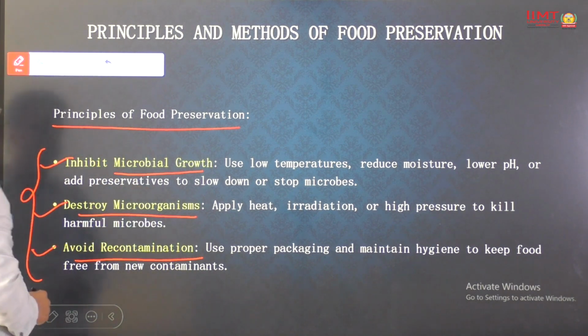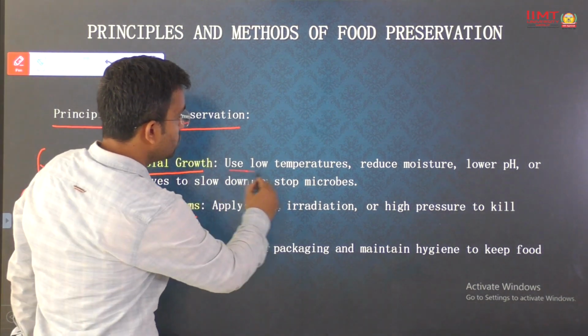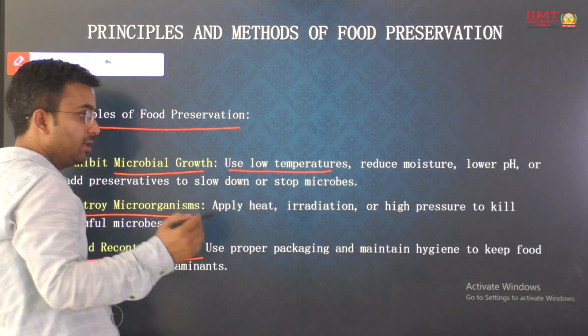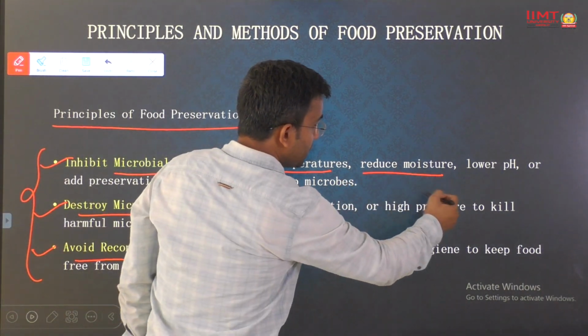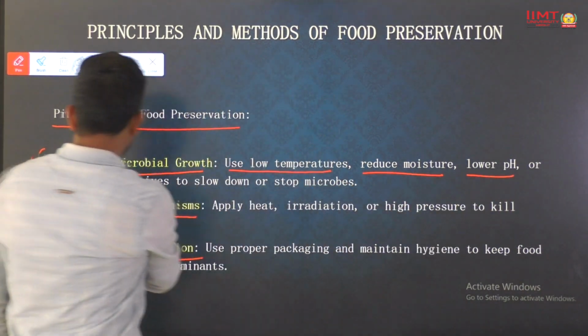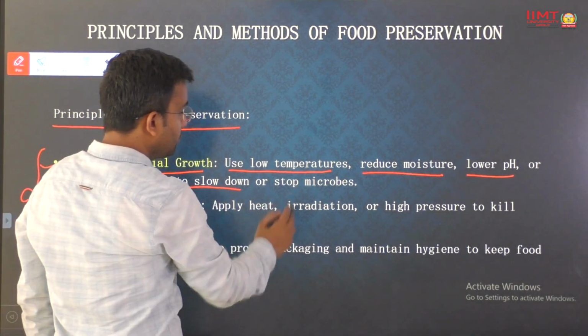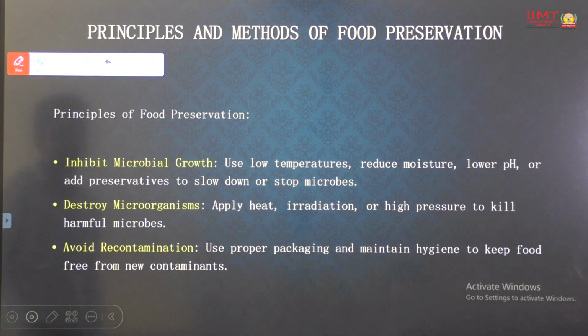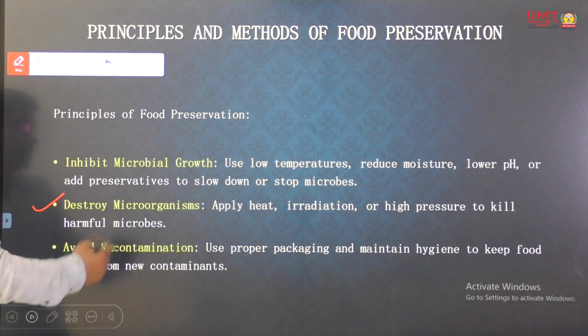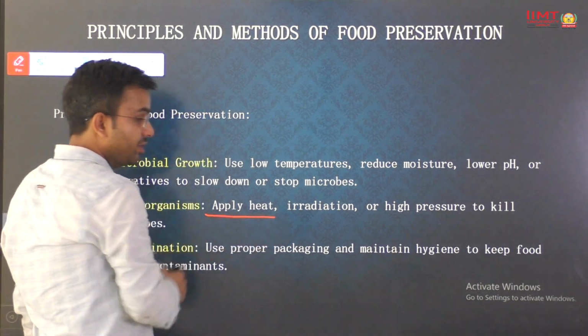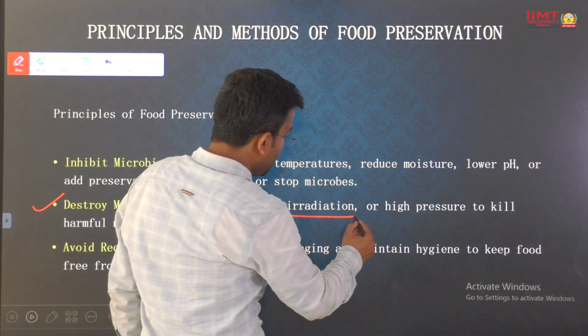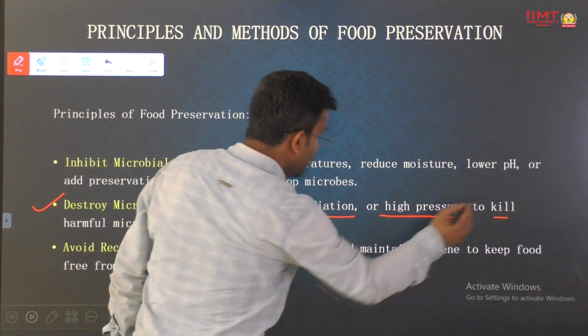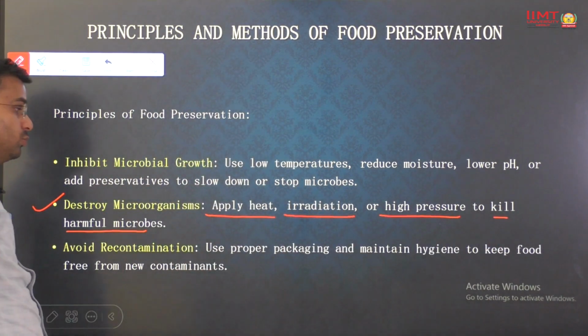So first is inhibit microbial growth, use low temperature. It means we provide a low temperature, reduce moisture, low pH or preservatives to slow down or stop the microbes. Second, destroy the microorganisms. In this condition we apply heat, irradiation, high pressure to kill the harmful microbes.